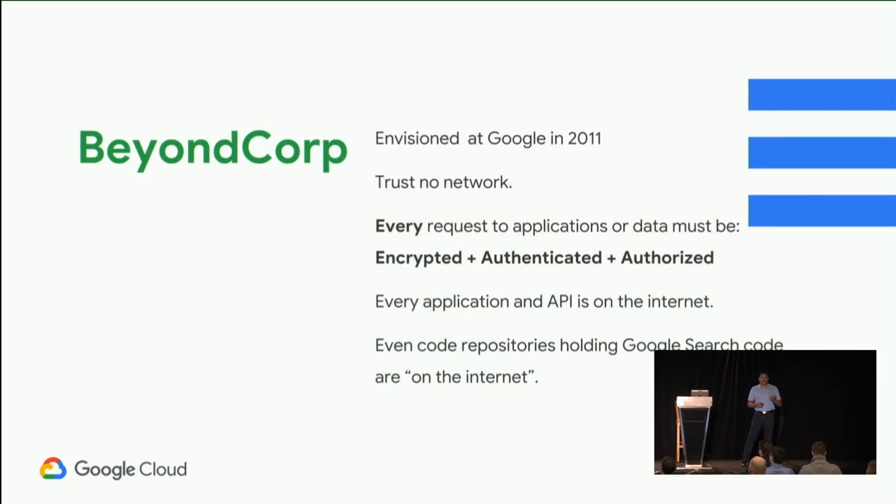And that's where the BeyondCorp security model comes into the picture. Google designed this security model back in 2011, and we also implemented it within Google. We also wrote a white paper so that others can take this BeyondCorp model and implement it in their own organizations. The key tenet of BeyondCorp is that you don't trust any network.